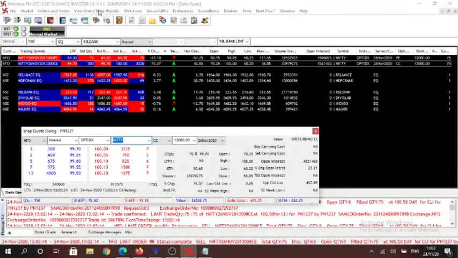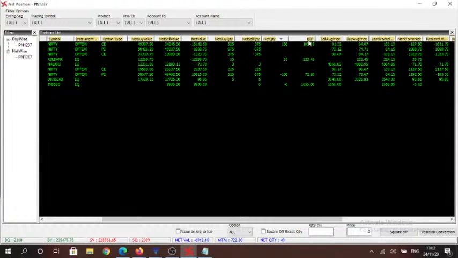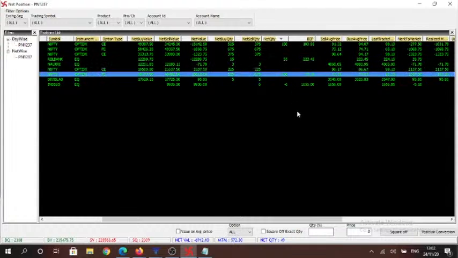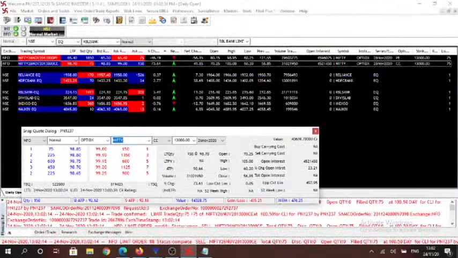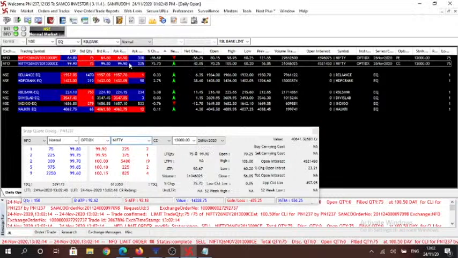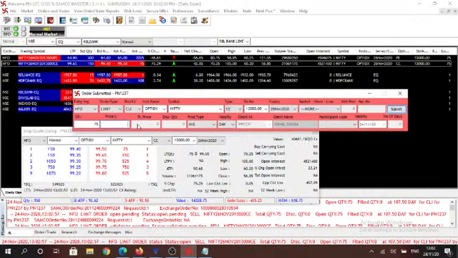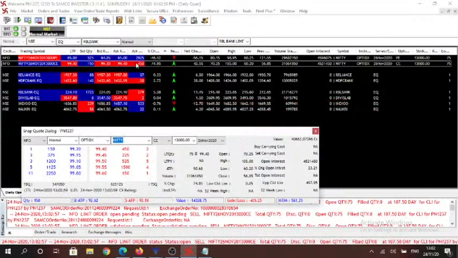Now let's confirm our net position so far. Place an order to exit our position above the day's highs, 105. So I'll put an order at 107.5 for one lot.